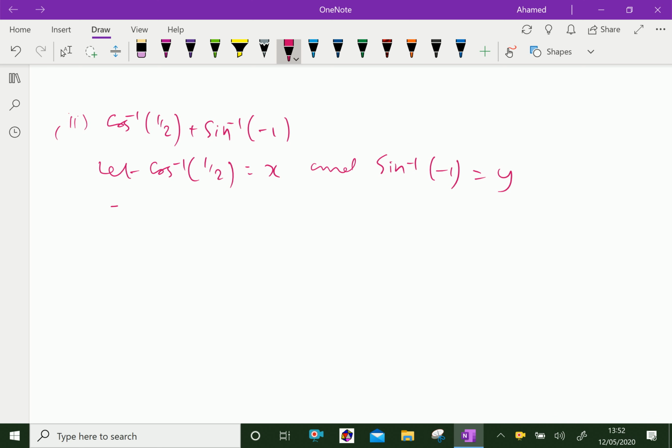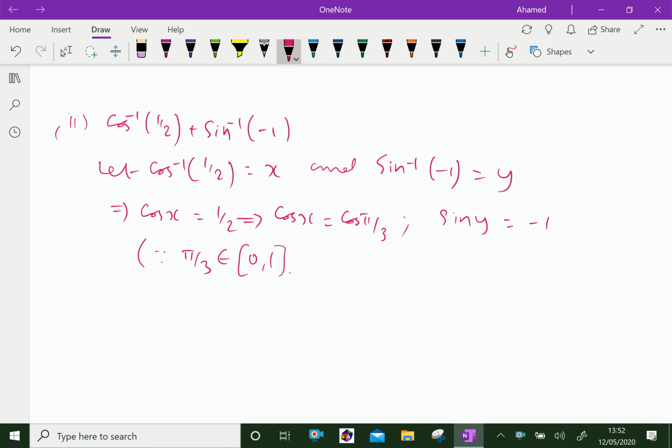Here, cos x equal half, which gives cos x equal cos pi by 3. Like that, sin y equal minus 1. Here, since pi by 3 is an element of the domain 0 to pi. Now sin y equal to minus 1.